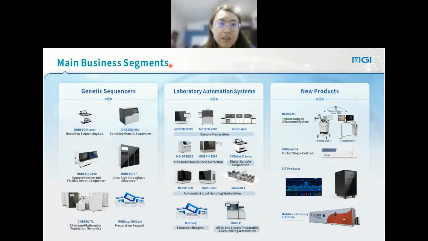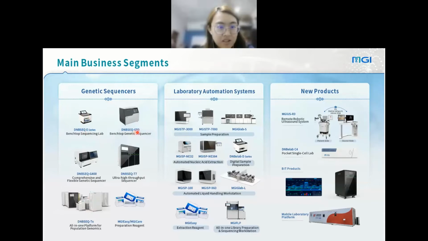Okay, so our main business segments can be divided into three parts. First is the genetic sequencers, second is laboratory automation systems, and we have some miscellaneous new products that are listed here. Just to briefly go through each of these three segments: for our genetic sequencers, we have the lower throughput to the highest throughput.